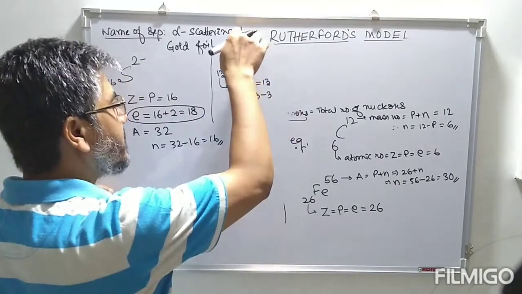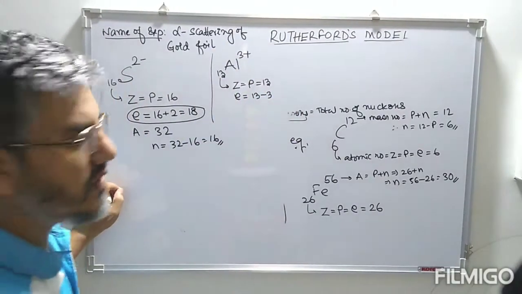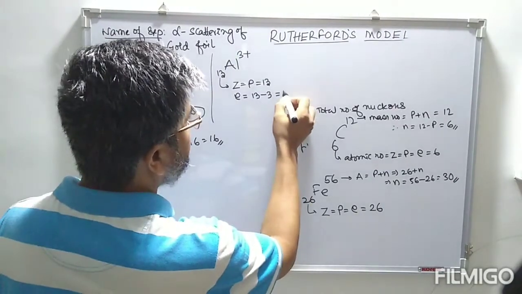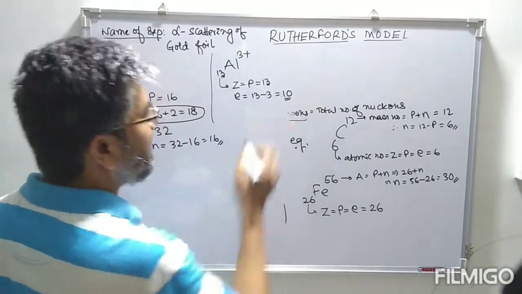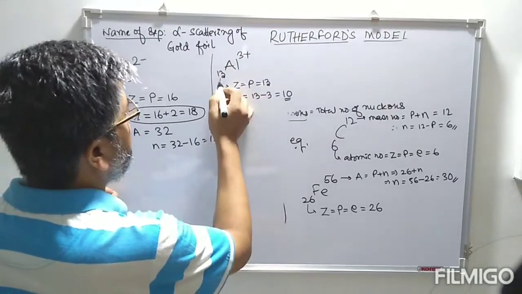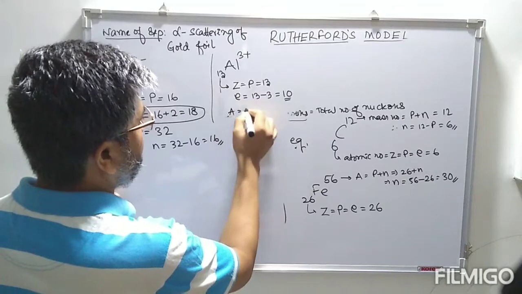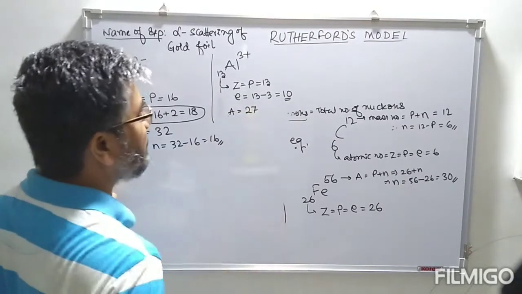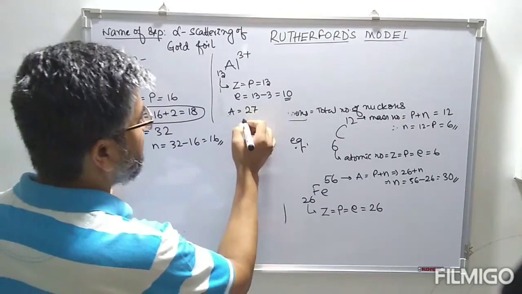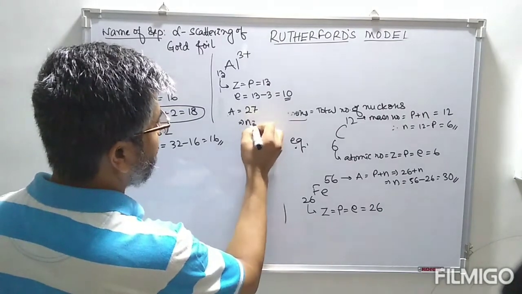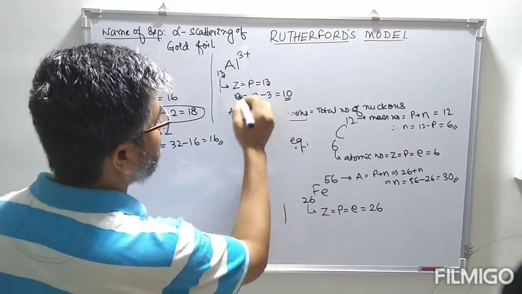So for every positive charge you have to subtract 1 electron. So this contains 10 electrons. Mass number is 27. So mass number 27 means the number of neutrons is 27 minus protons.